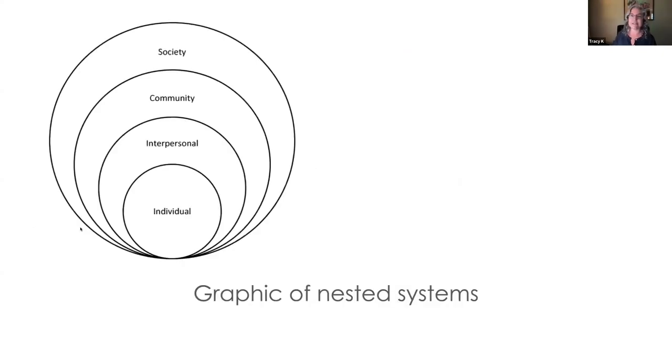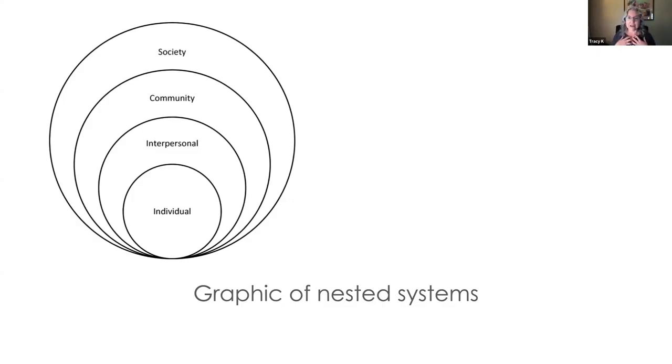Okay, starting with nested systems, because that's probably familiar to all of us. This is a socio-ecological model. It's used widely to understand this idea of nested systems. What this framework says to us is that each layer is a whole and a resilient system itself.